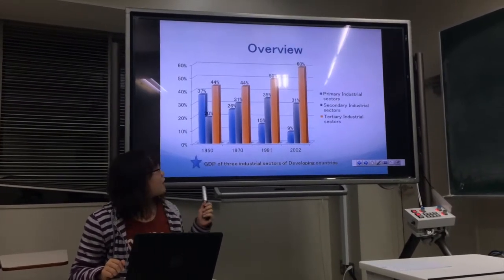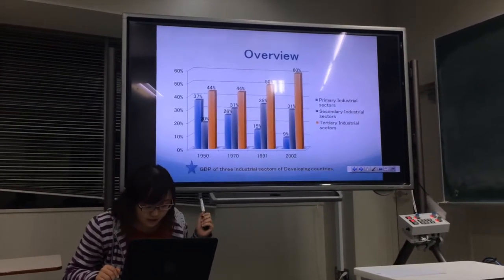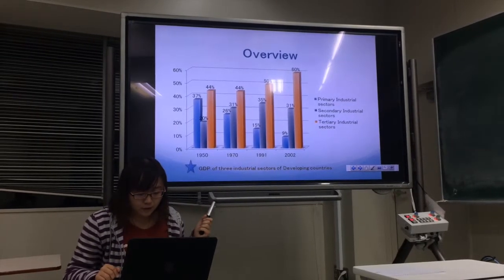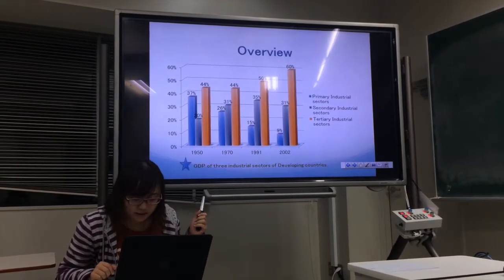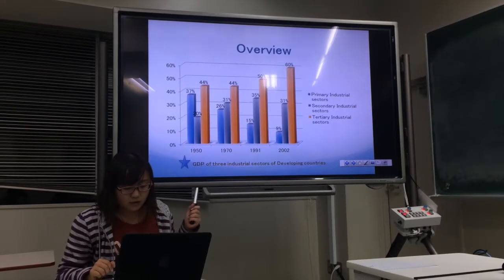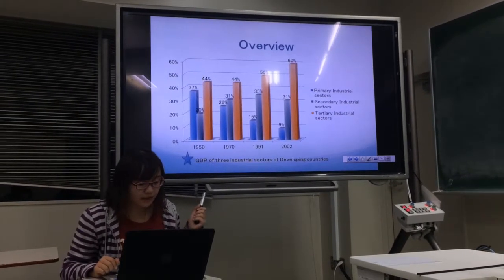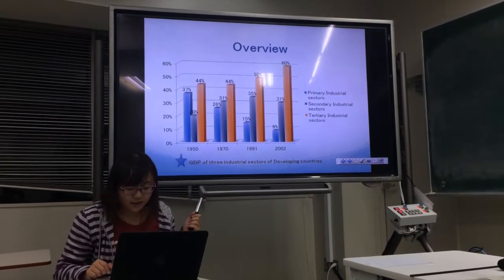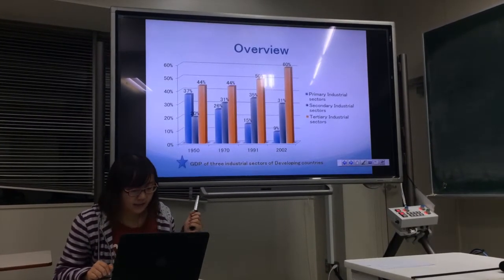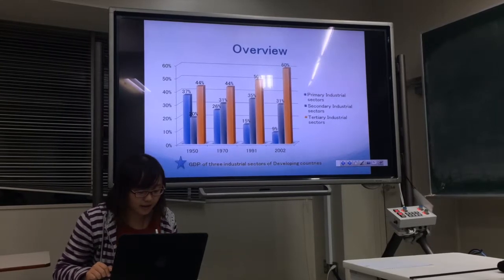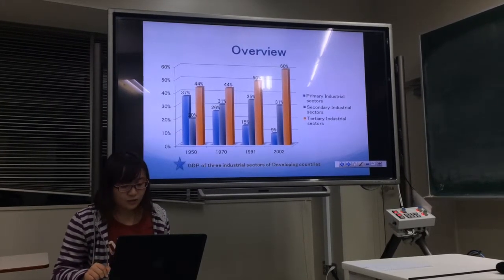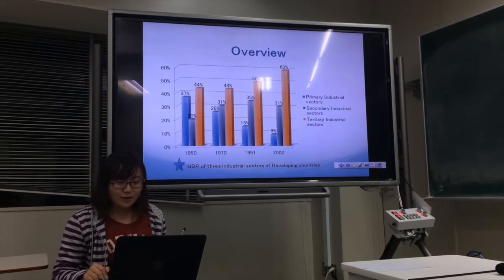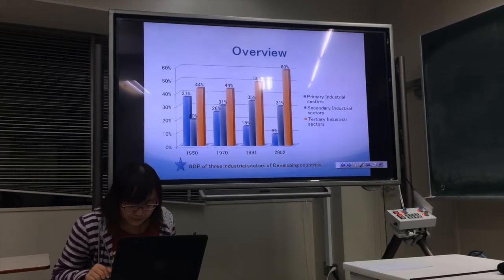As we can see from the chart, in 1950, agriculture occupied 37% and industry only had 20% in total. But with the development of technology, productive force increased and helped more labor change to work for the secondary and the tertiary industry.